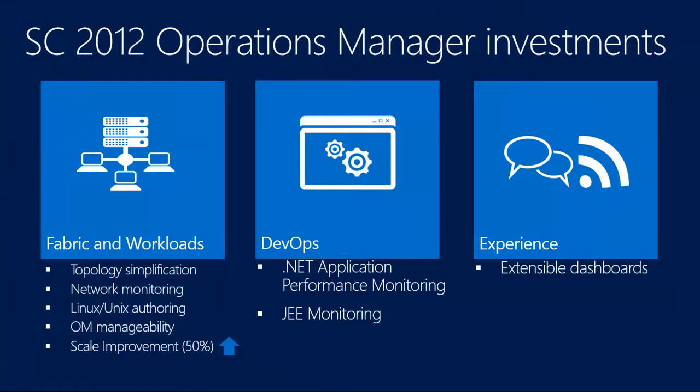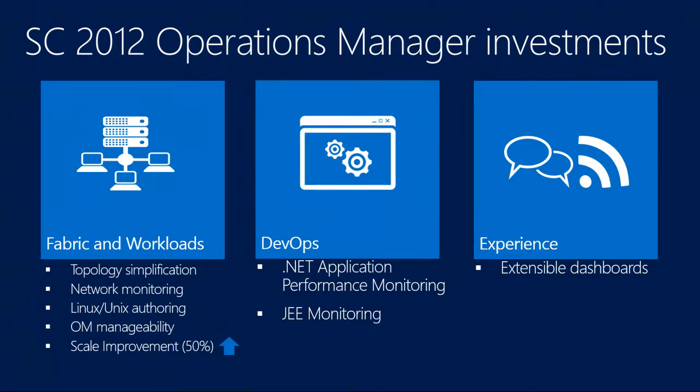We removed the root management server, and we've gotten some pretty good feedback on that, and so we eliminated that single point of failure. Another thing that we introduced, which was a first for us, was .NET Application Performance Monitoring, and that gives you really good code-level insight into how your application is actually performing in production.